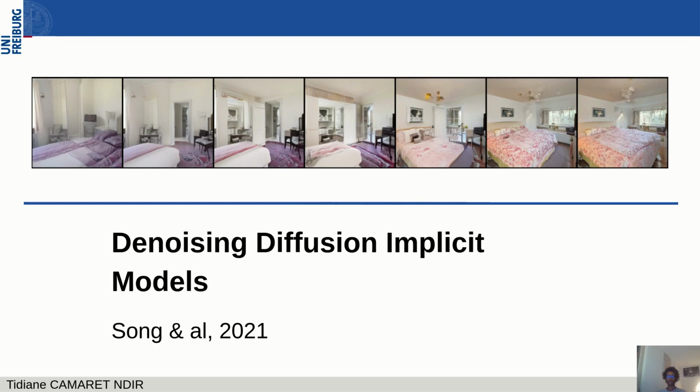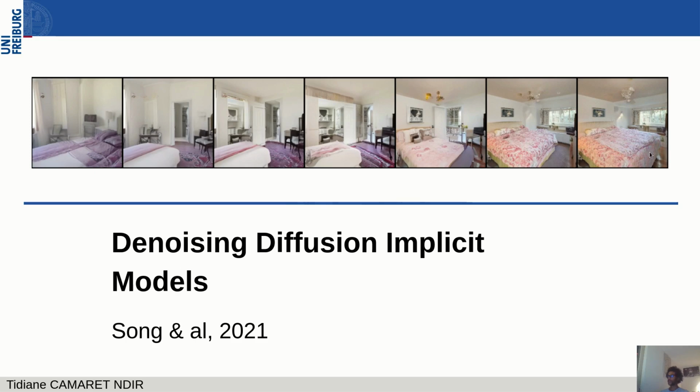So diffusion is initially a random process, right? You take an initial input and you progressively add random elements to it. But the key idea here is to get rid of the random aspect of the process. And we'll see that this leads first to a much higher sampling speed, but also to other interesting properties, like for example it makes coherent and meaningful interpolations between images, like the one we see here.